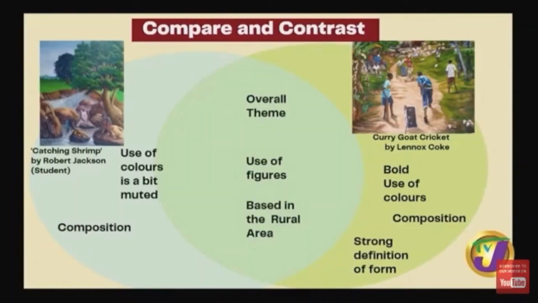So, that piece of work there. Do your own Venn diagram. Figure out what are the differences, what are similar, and then you go and write your paragraph after you're finished collecting all of that information.